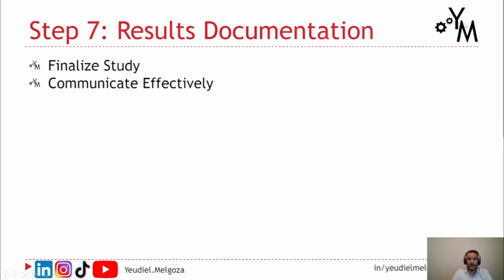In the seventh step, there is not any specific format to pursue, but it is absolutely necessary. It's really crucial because it's the way you are going to document or provide evidence of all the analysis. So we are going to finalize the study in an Excel file, a Word document, or a PPT presentation, with a summary of the analysis, the actions to be pursued, and everything we need to review.